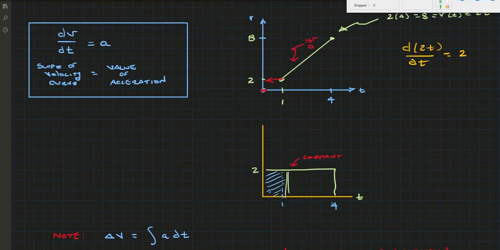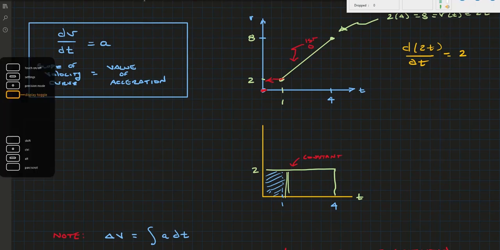We could then plot our next point by figuring out from this position where v equals 2, how does it change? Suppose we didn't know what our curve looked like up there. Well, we look at the area under the curve.